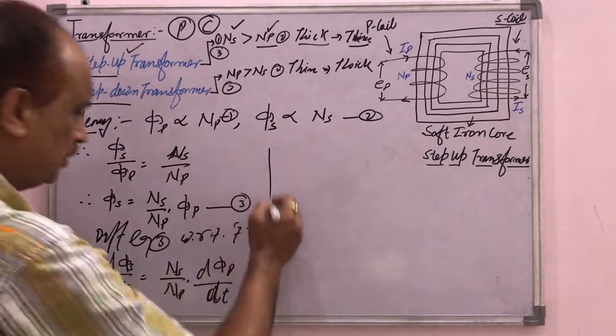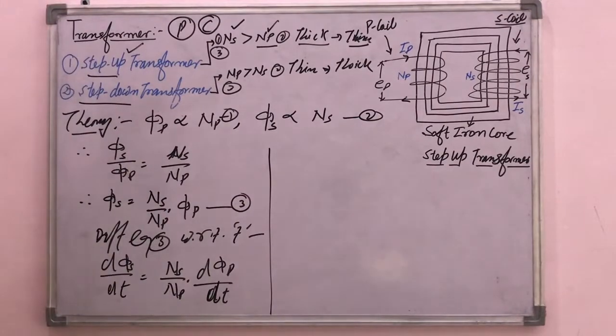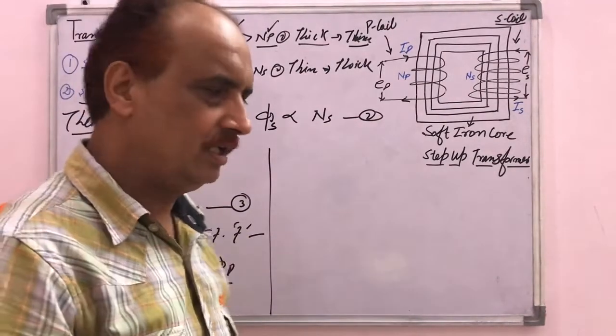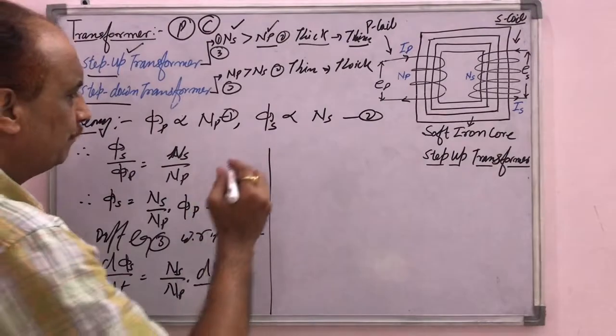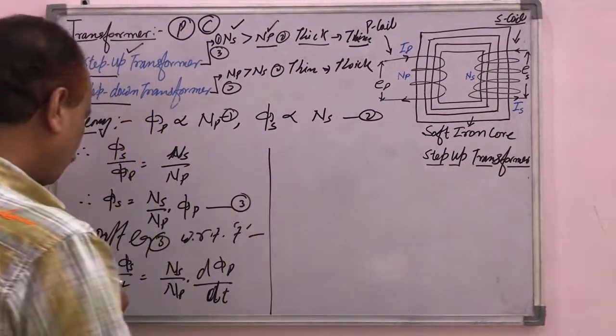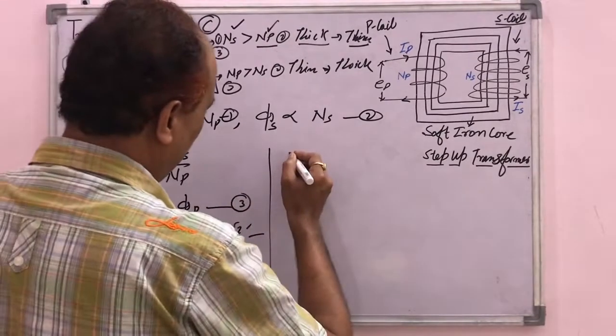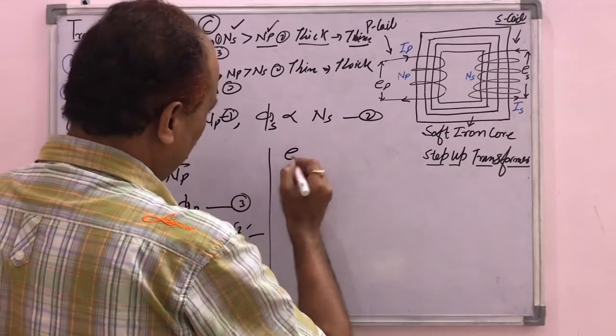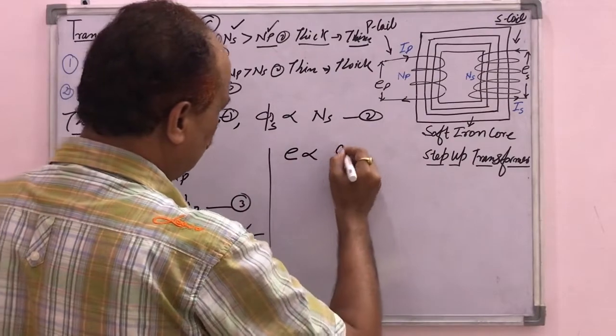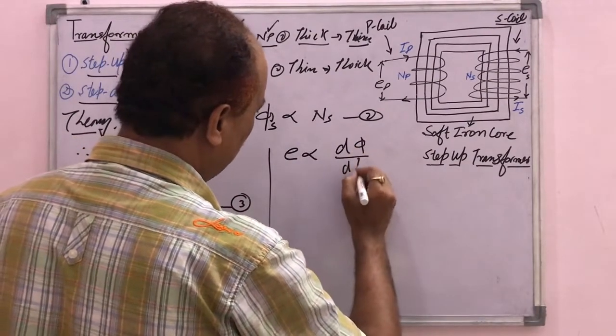So we have to use here Faraday's law of electromagnetic induction, and according to that, the EMF is always directly proportional to the rate of change of magnetic flux.